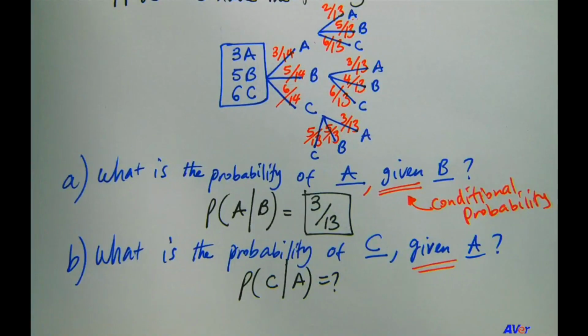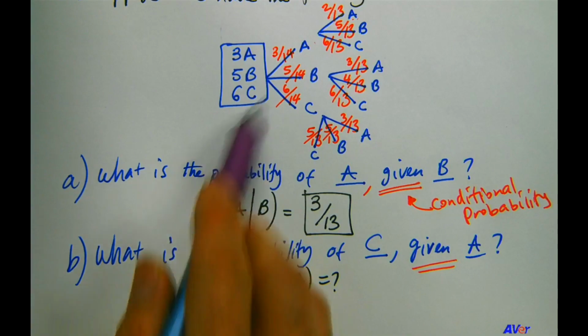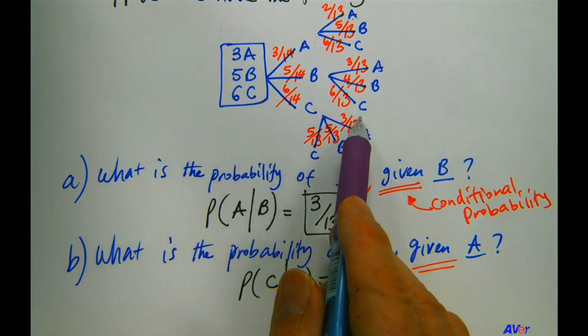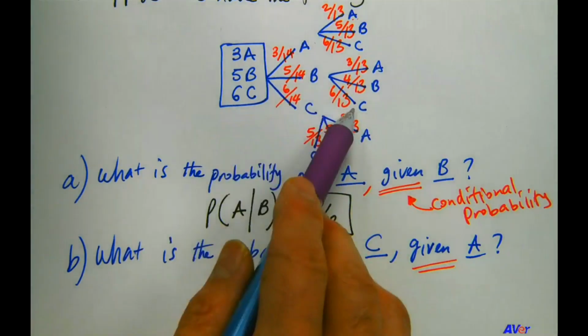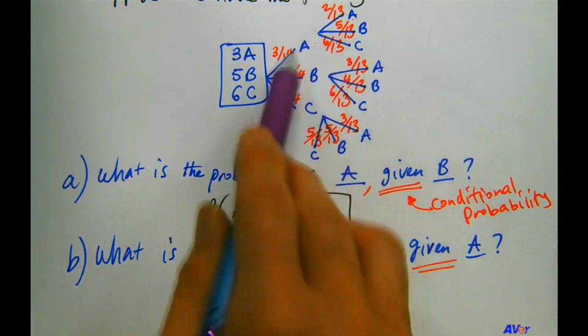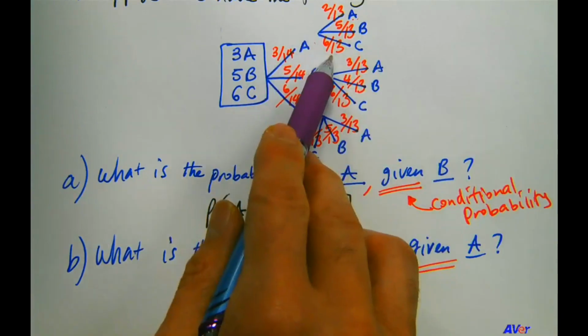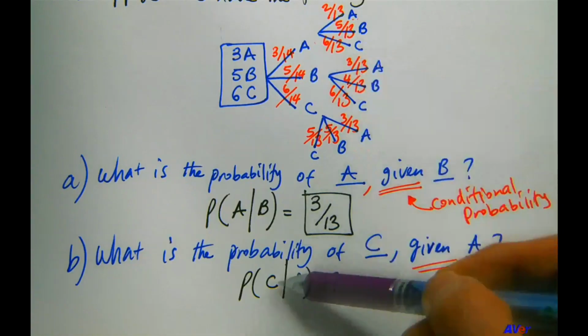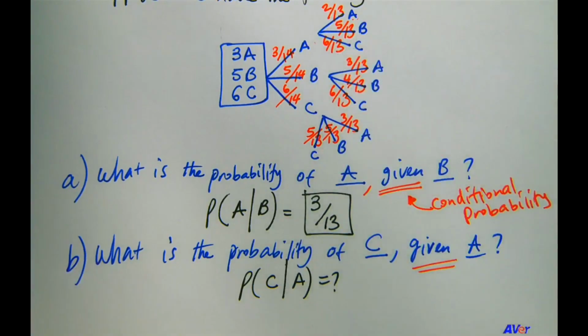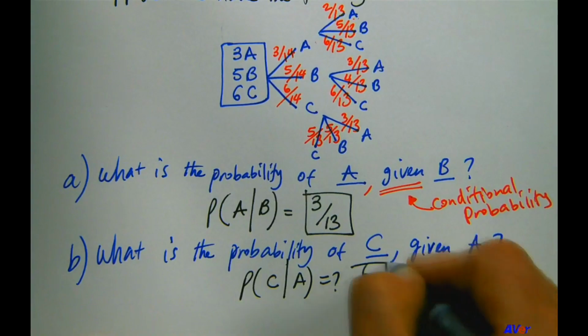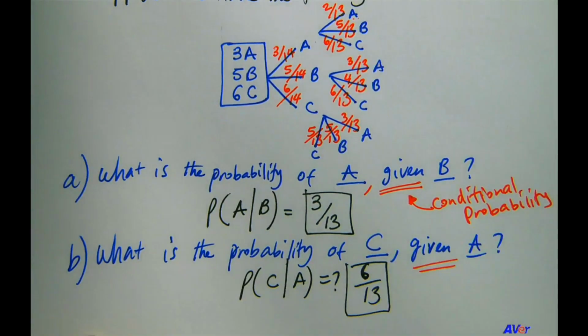So what's the probability of getting a C if A has already occurred? Is that the one? No, that's B occurred, then C. We're looking for C given A, so it's that one. Probability of C given that A has already occurred. So it's 6 over 13.